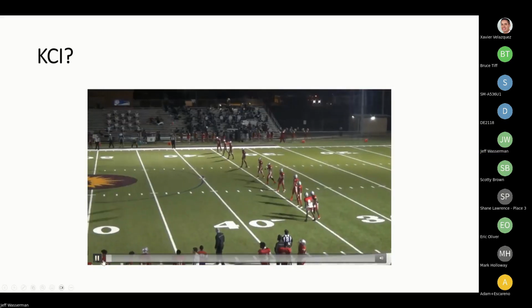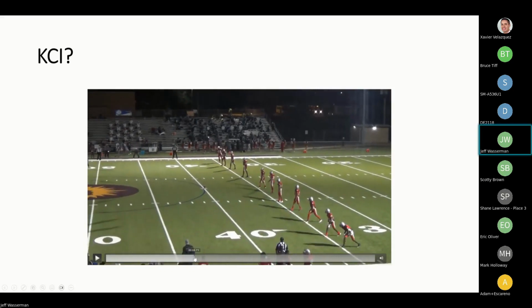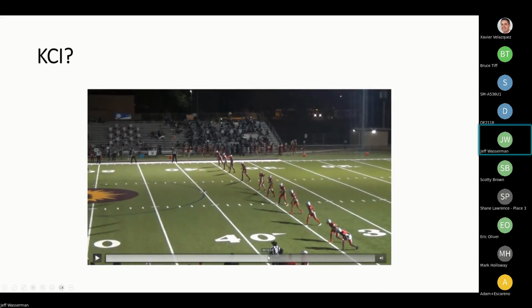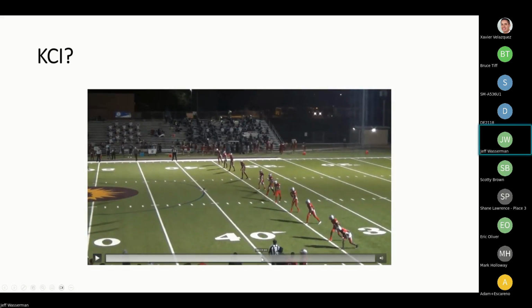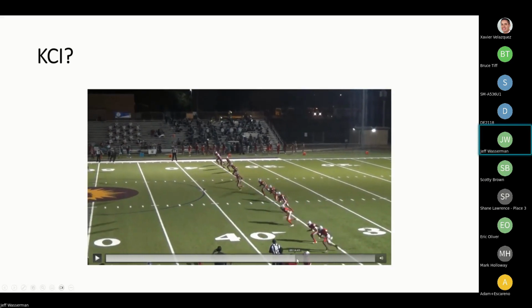All right. So to begin with, do we have illegal formation? Yeah, we do. We don't want to be too nitpicky. Some guys after the ready were a little bit beyond 5 yards, but nothing you'd want to do anything about.